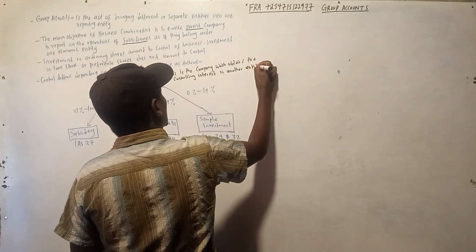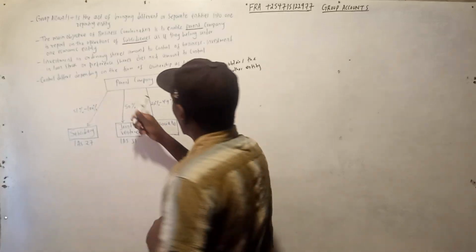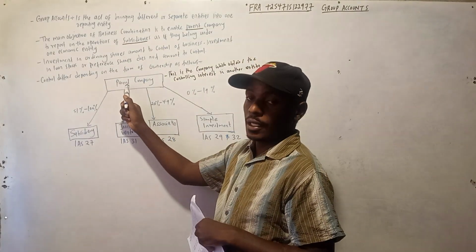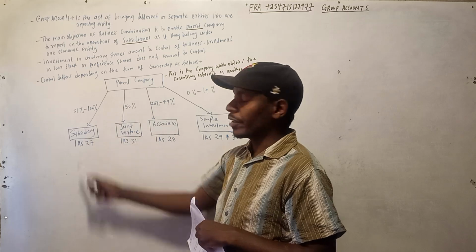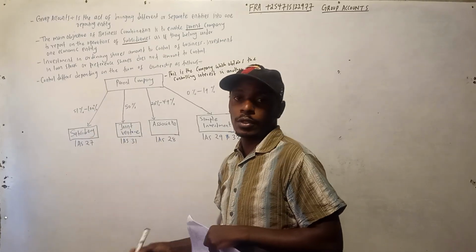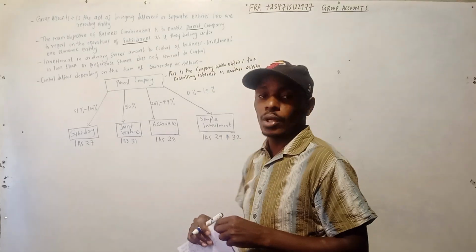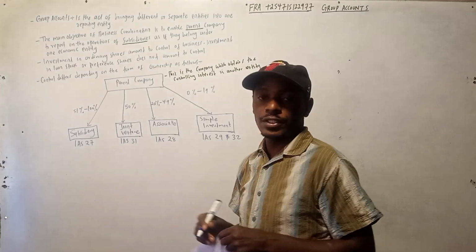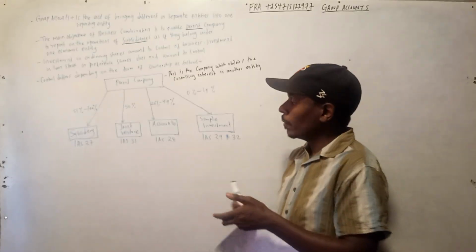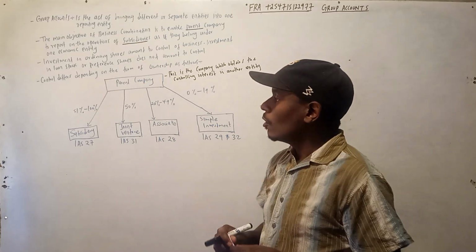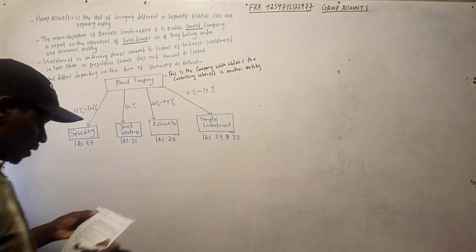For example, this parent company has obtained control over the subsidiary. It is controlling 51% up to 100%. Also, for a joint venture, it has obtained control of 50%. That is correct.